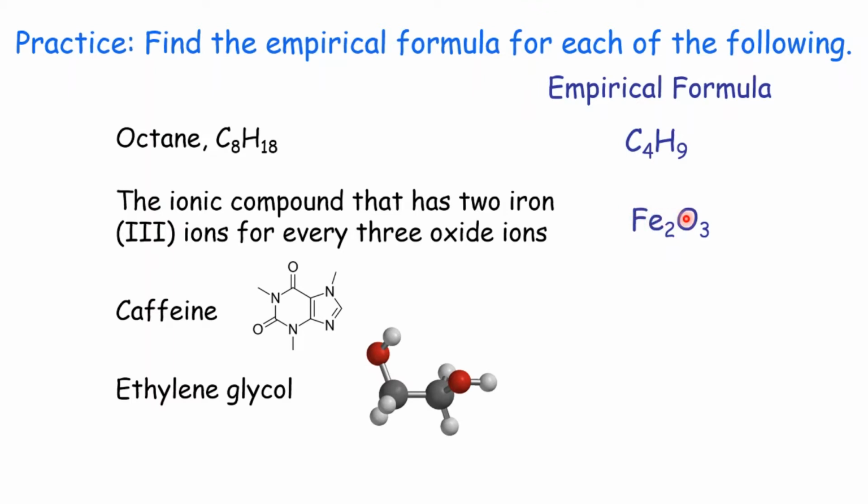Then each oxide carries negative 2. Therefore, negative 2 times 3 is negative 6. Positive 6 plus negative 6, the overall charge for this ionic compound is 0. So you need to remember, for all ionic compounds, their formulas are always empirical formulas. They are already in the simplest whole number ratio.